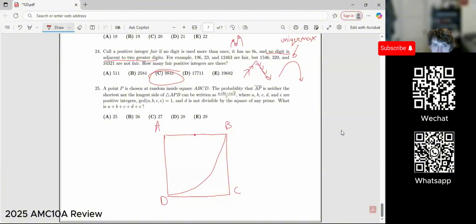If AP is the shortest side, it is shorter than BP. If AP is shorter than BP, then P is going to be inside this circle. So AP shorter than BP implies inside the circle.